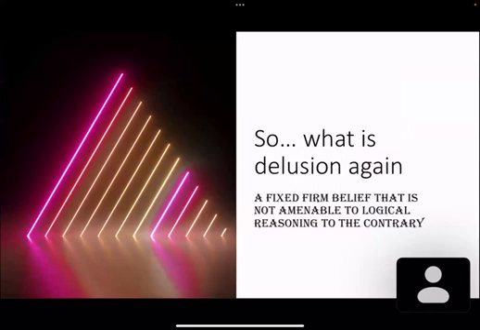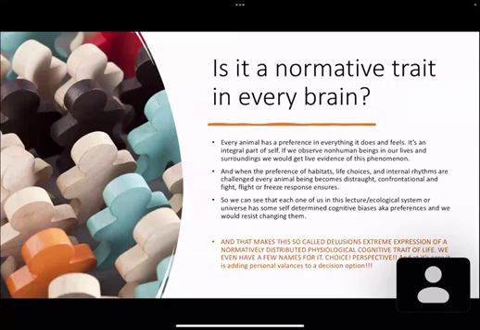So what is delusion again? A fixed firm belief that is not amenable to logical reasoning to the contrary. If we do include this definition of delusion, then comes the question whether it is a normative trait or not. It is a normative trait. Every animal has a preference in everything it does and feels.